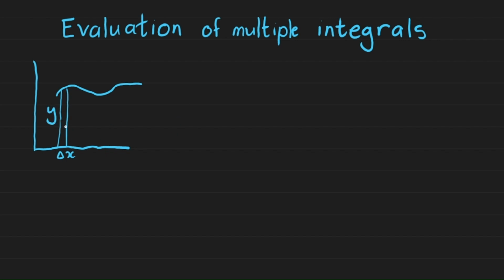Then we took this strip along the entire part of the curve for which we wanted to determine the area underneath, and added all of them up. So it's the sum of the area of one of these strips, which is delta x times y.